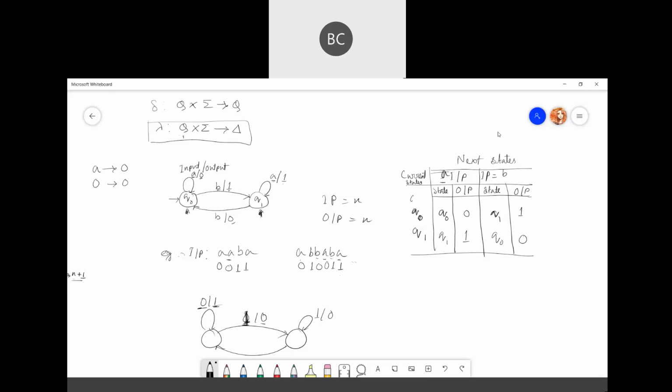Got it? Yeah. Very good. So what's the difference between Moore machine and Mealy machine? One is obviously the transition output function.